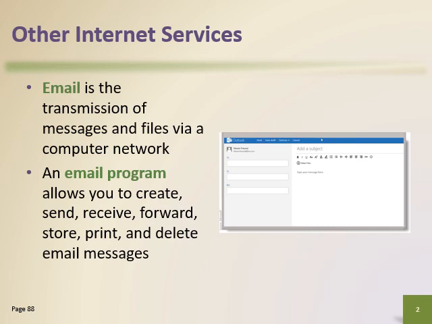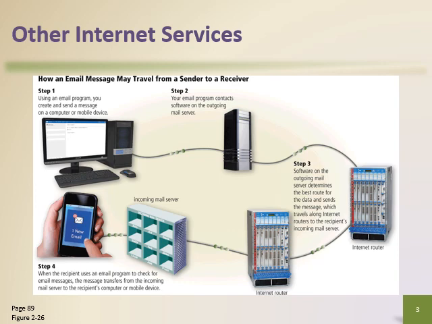Then we have email lists. Before going to the email list, let's see how your email message travels from the sender to the receiver. Whenever you create an email and you want to send it through your mobile or computer, your email program will contact the outgoing mail server, and then the software on the outgoing mail server will determine the best route for the data, and it will send the message through the internet router to the recipient's incoming mail server.